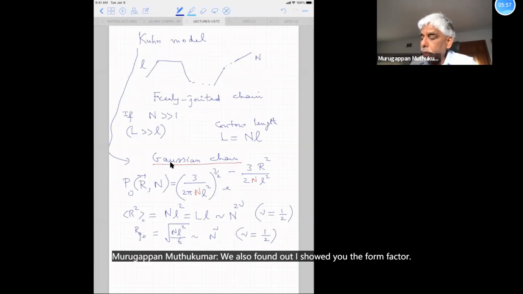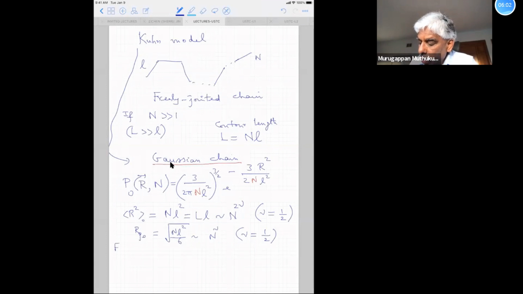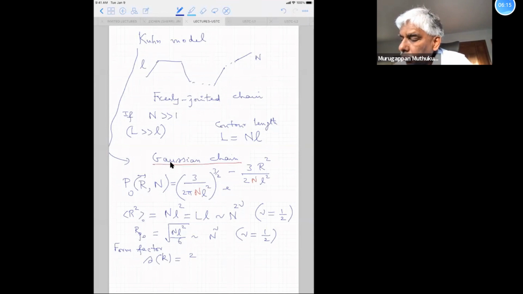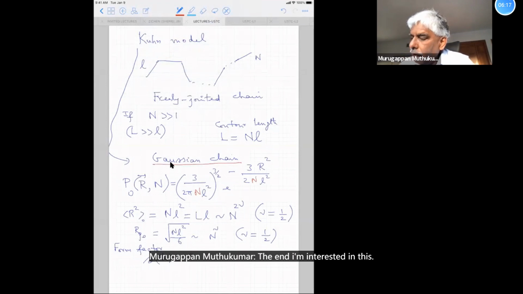We also found, I showed you, the form factor, which can be determined using scattering techniques. S of k is equal to, I wrote this down, and I'm interested in this part.